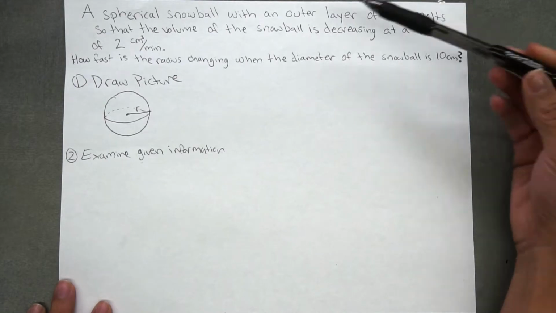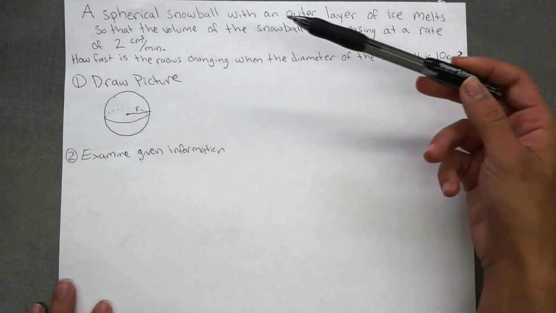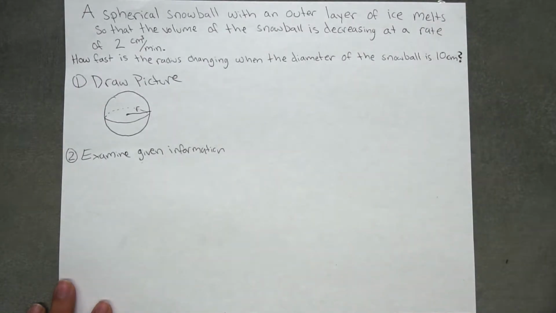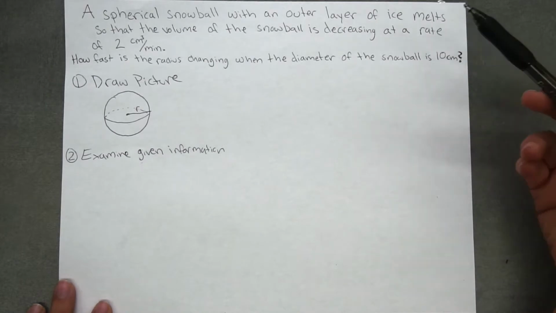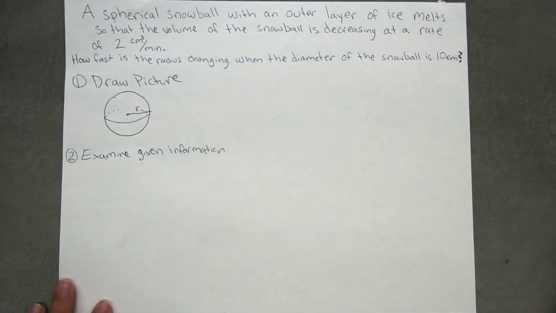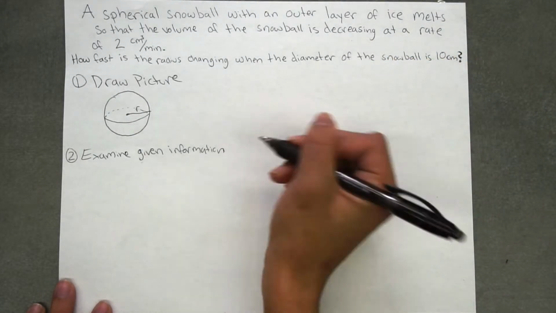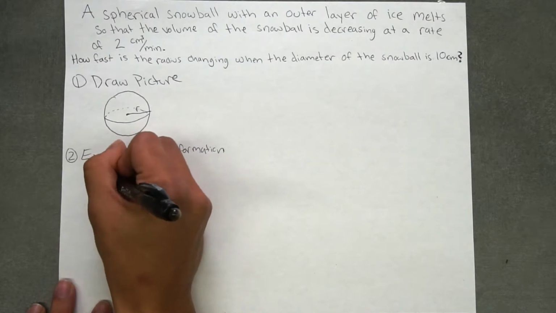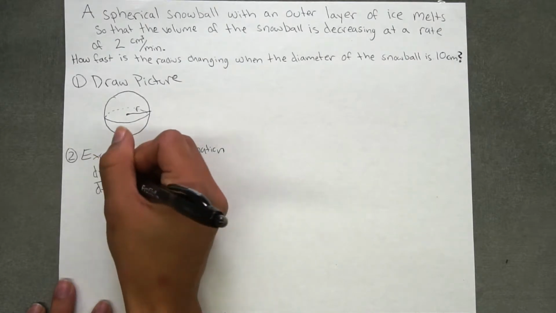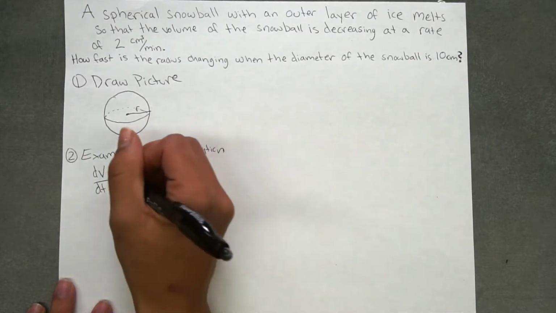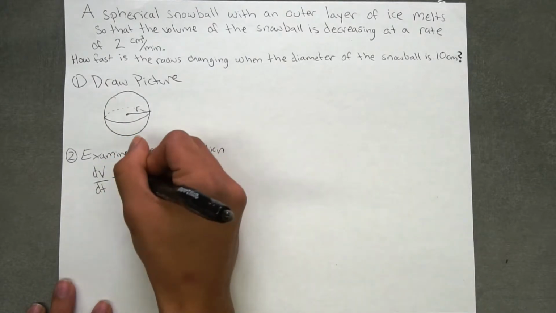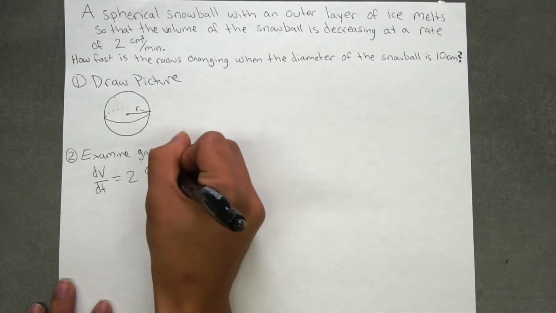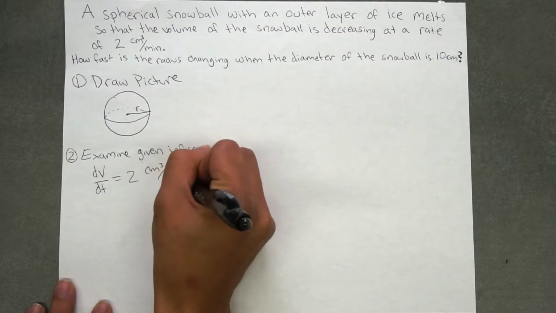So we see that the volume is decreasing at a rate of 2 centimeters cubed per minute, so that tells us that the rate of change of the volume with respect to time would be negative 2 centimeters cubed per minute because it's decreasing. So we're going to indicate that using dV over dt, so change in volume with respect to change in time equals 2 centimeters cubed per minute. So negative.